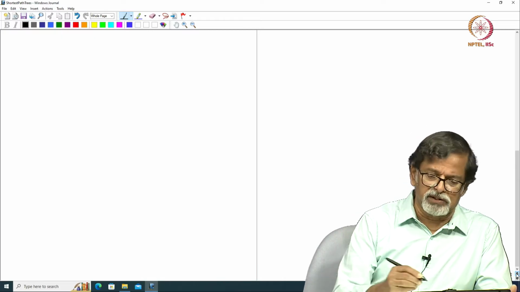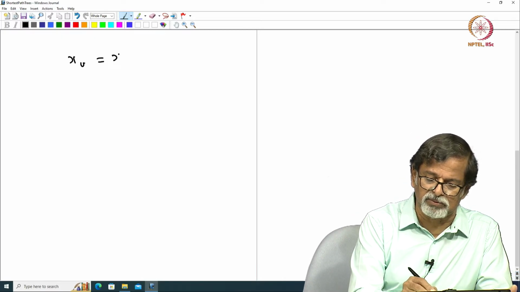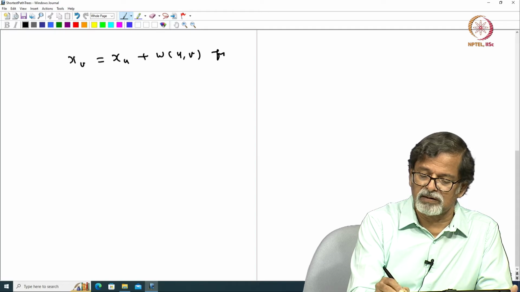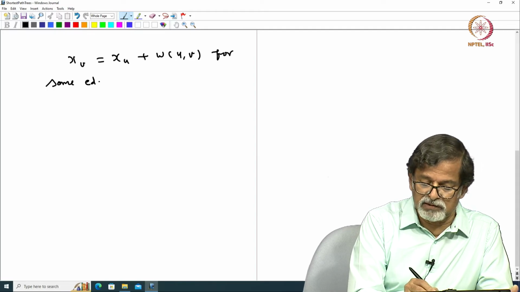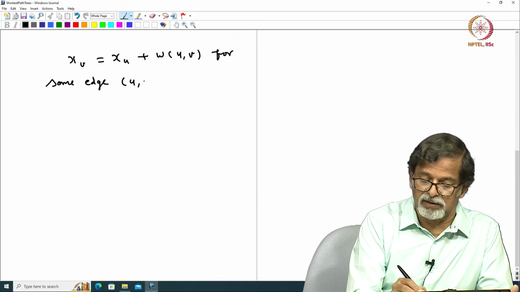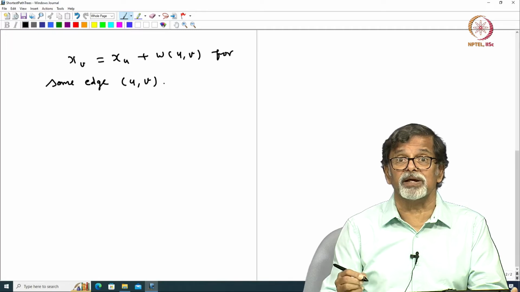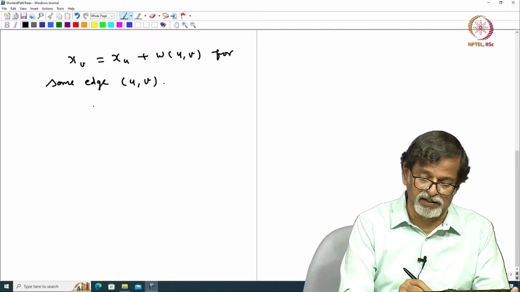So, in the unique solution for a vertex v, we will have x_v equal to x_u plus weight of uv for some edge uv. This is an edge incoming to v, or it is an edge ending at v. Okay, it is like this.